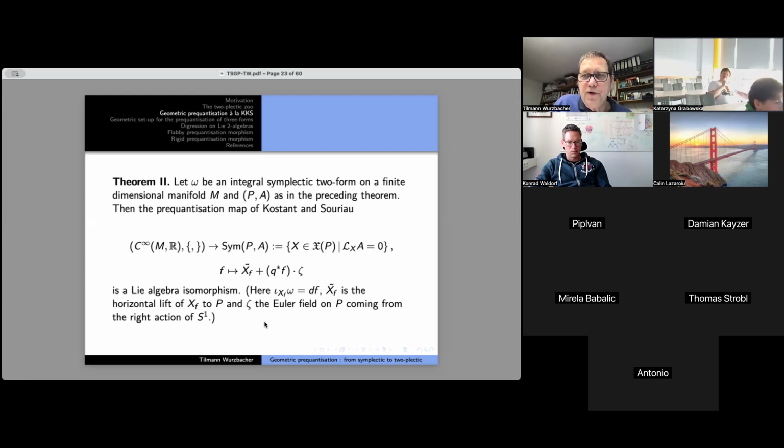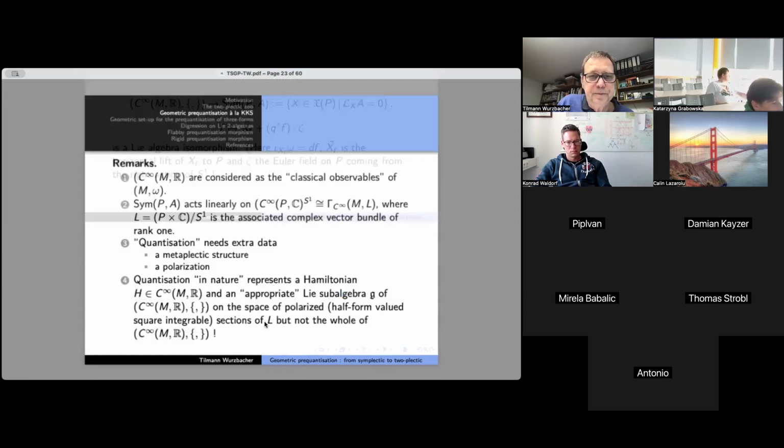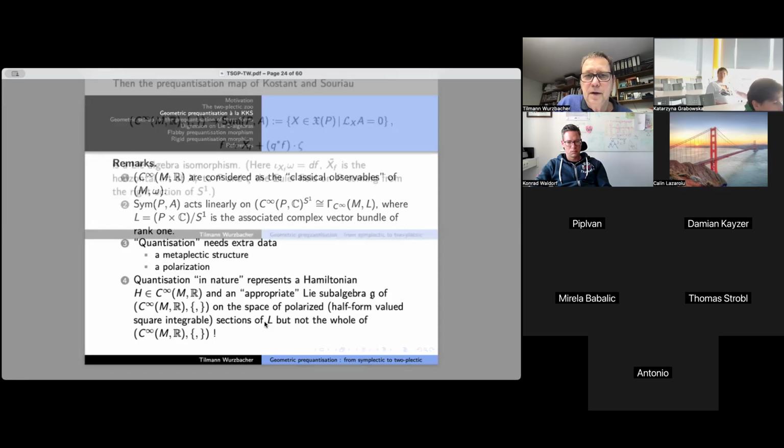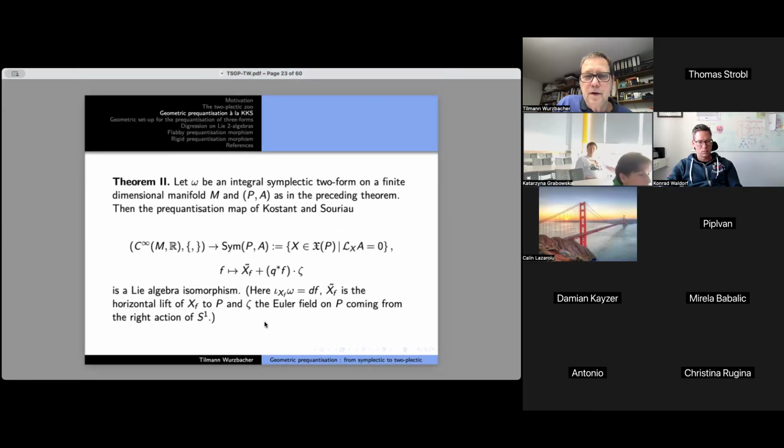And this will be more subtle when we come to the two-plectic case. Why does this vector field annihilate A? Which one? X tilde F plus Q star F times Xi. Why does it satisfy L_X A = 0? Well, the first part, the easiest way is to calculate maybe with the Cartan formula.